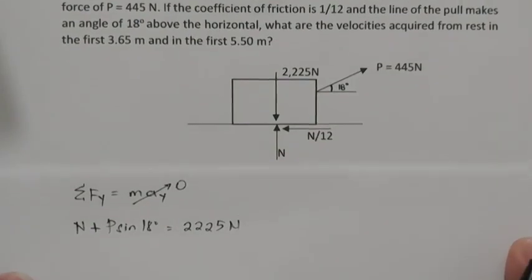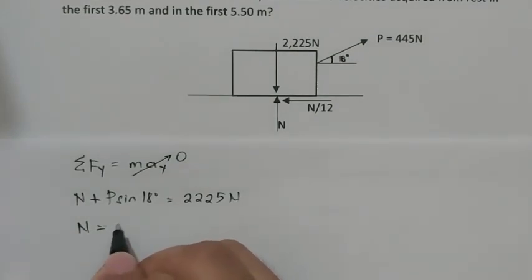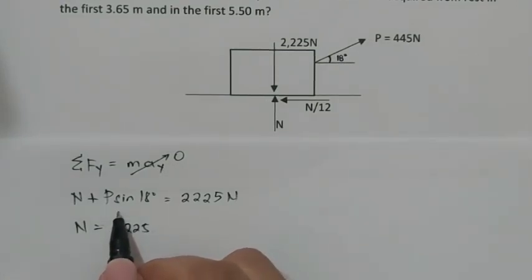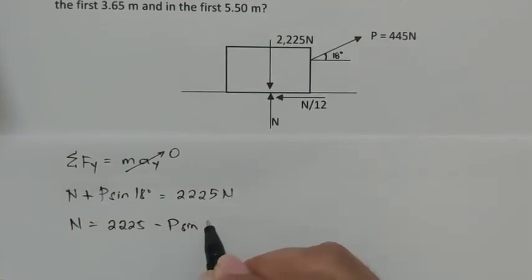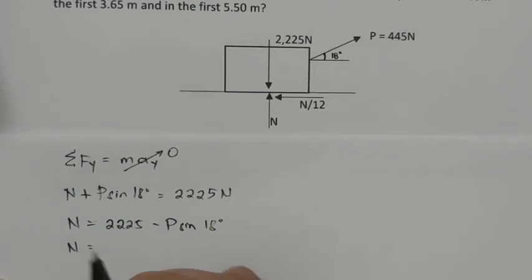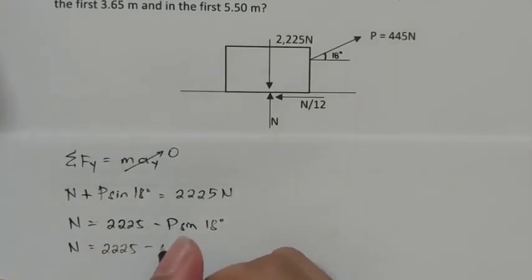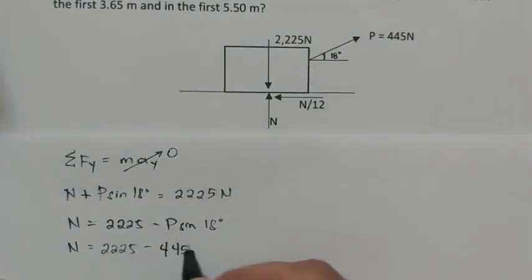Then, therefore, we can get N. Let's move this P sine 18 to the other side. Therefore, we have N is equal to 2,225 minus P sine 18.